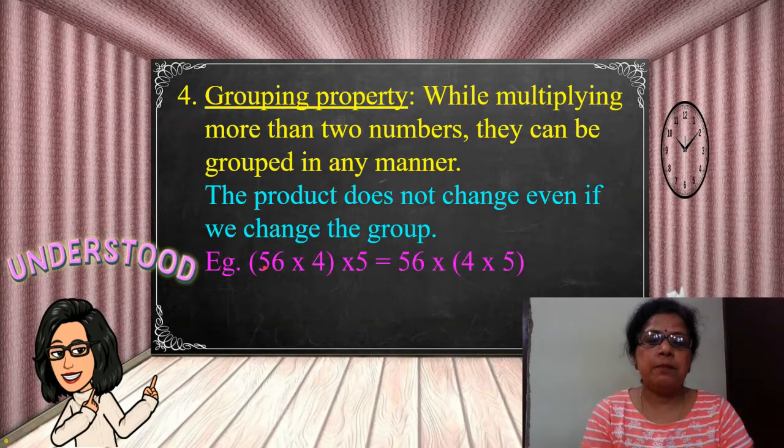If we multiply 56 and 4, we get a product, and then that product will be multiplied by 5, or first we multiply 4 into 5 and then this product gets multiplied by 56. The answer of both the conditions remains the same. So we can say that if we are grouping numbers in some different manner, the result remains the same.